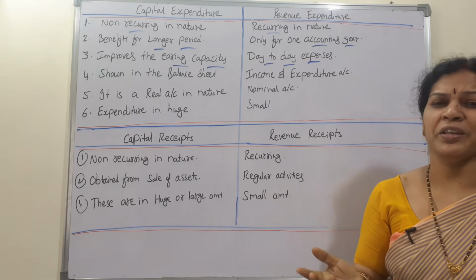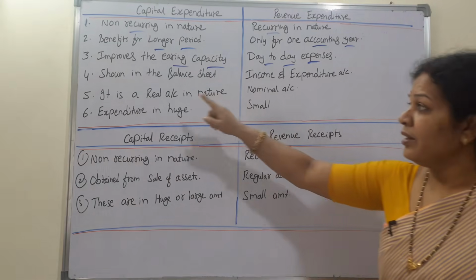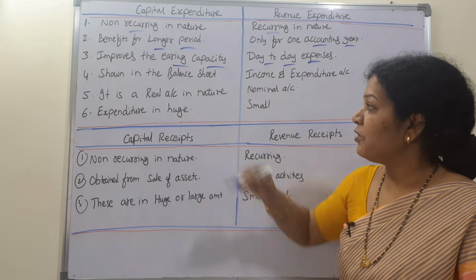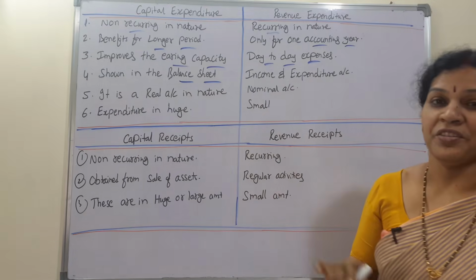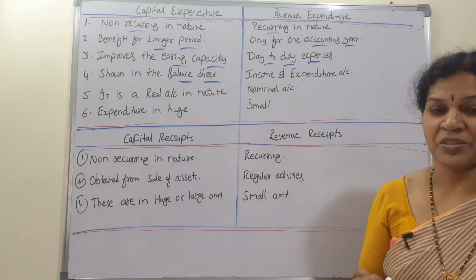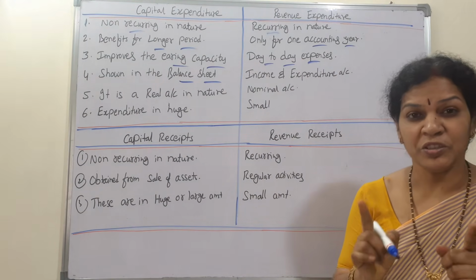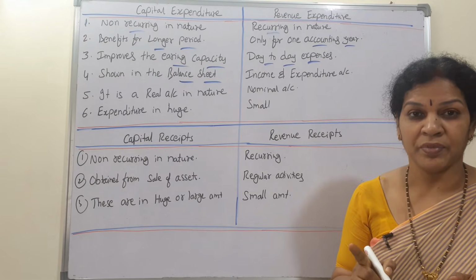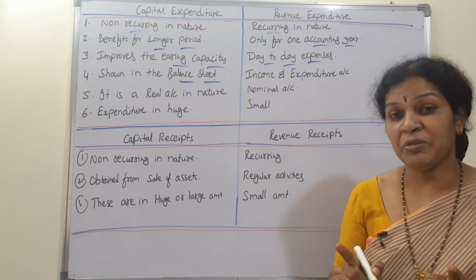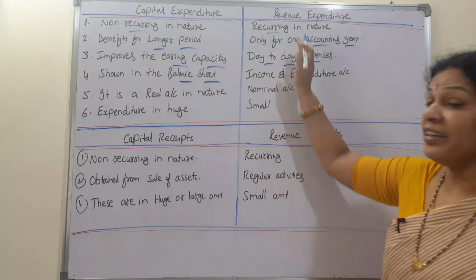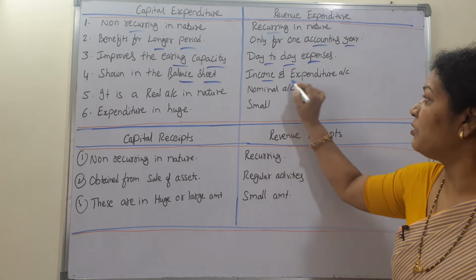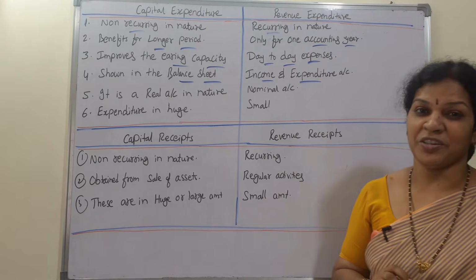All these things are day-to-day expenses. And capital expenditure will always be shown in the balance sheet, because it occurs only one time. And here it is repeated, so that is why it is shown in the income and expenditure account.